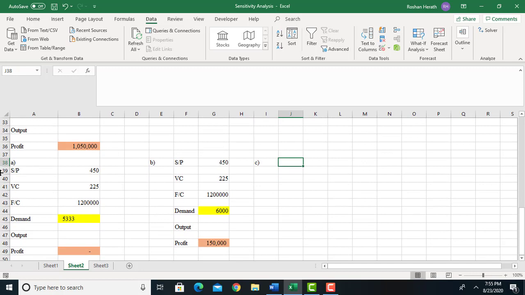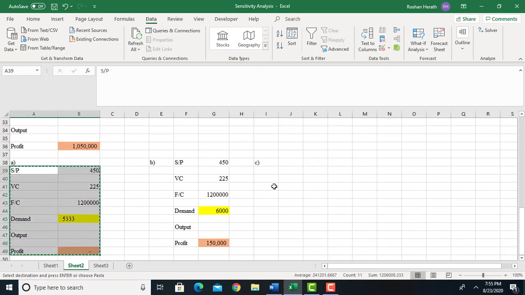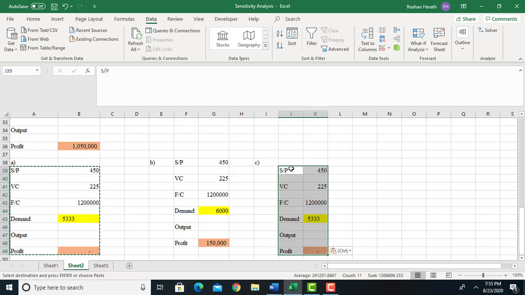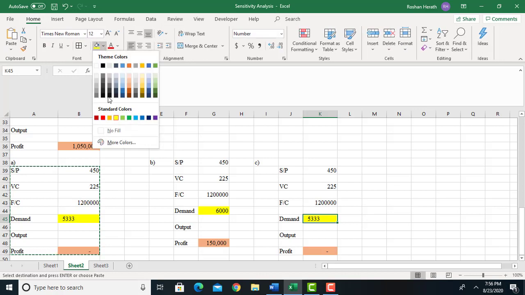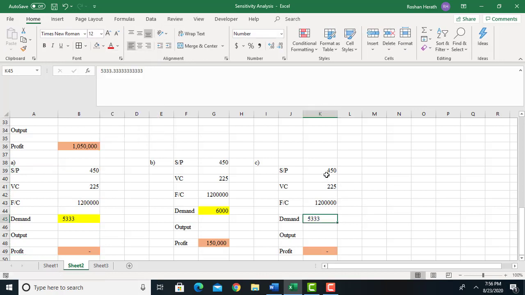Okay, so therefore let me copy the part A answer. Let me paste it. Right. Now it says you want to earn a profit of, and let me highlight only the cell that you need to change this time.